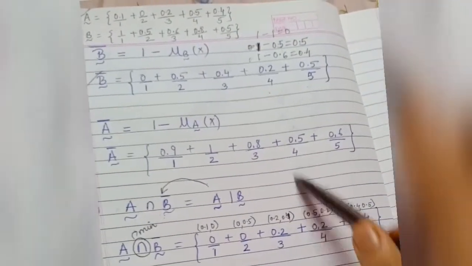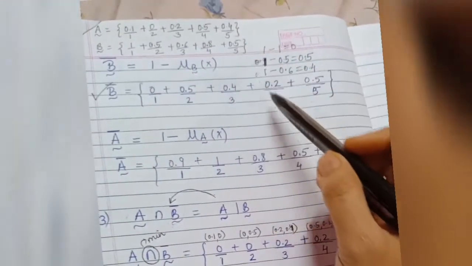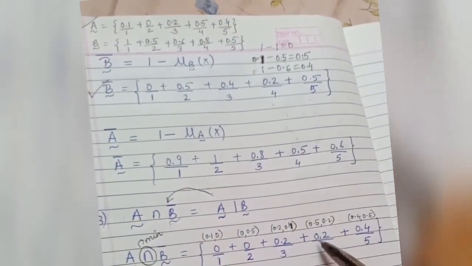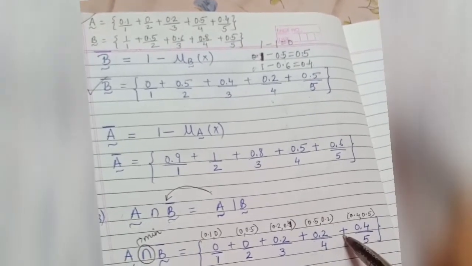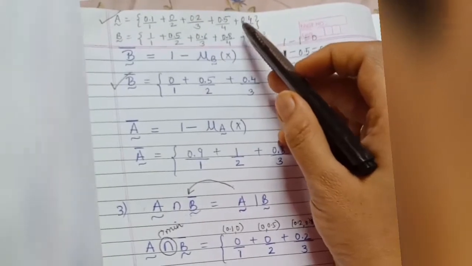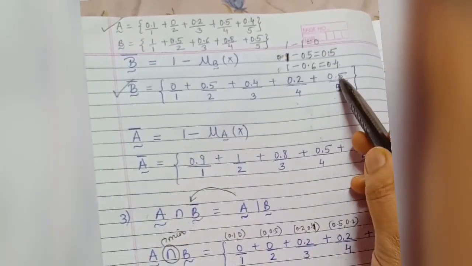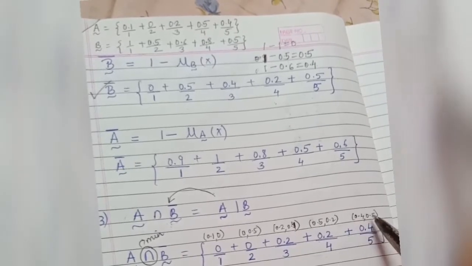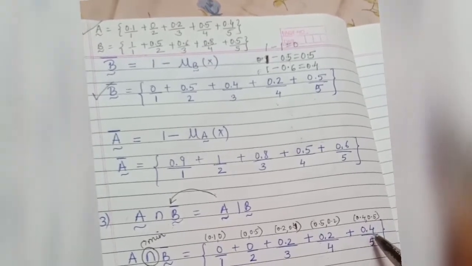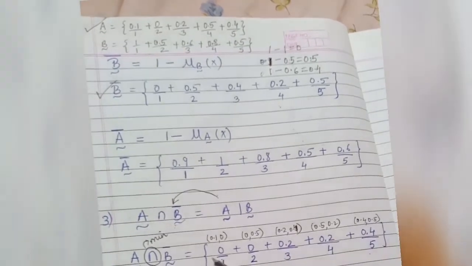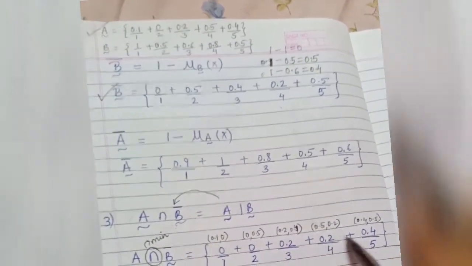For the fourth element 0.5 and 0.2, minimum is 0.2, write 0.2 upon 4. For the last element, compare the last element from both sets, that is 0.4 and 0.5. Which is minimum? 0.4 is the minimum, right? 0.4 upon 5. So this is A difference B.